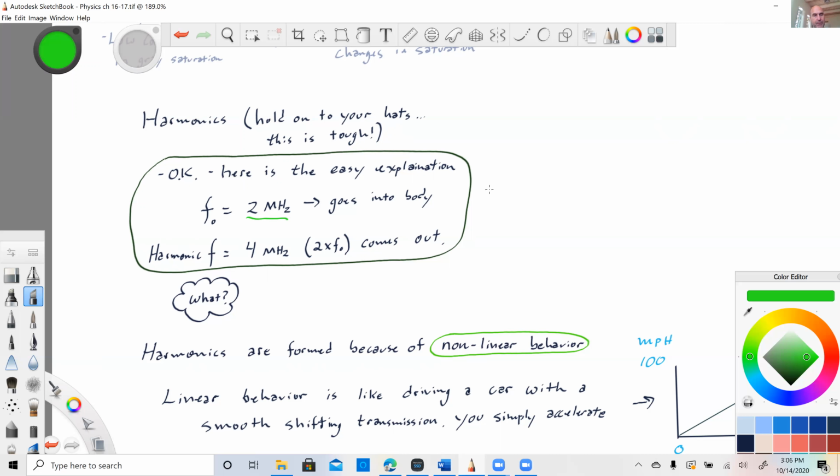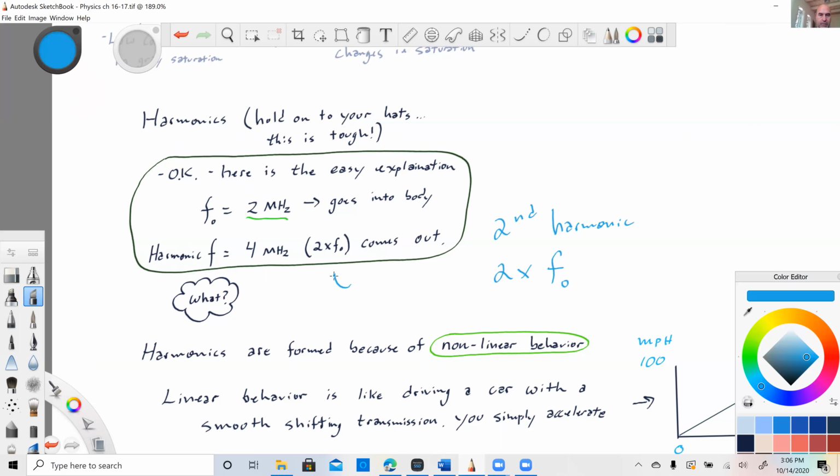And this happens. By the way, there are several harmonic frequencies that could possibly be used, but realistically the only one they use is the second harmonic, in other words, 2 times the original frequency.